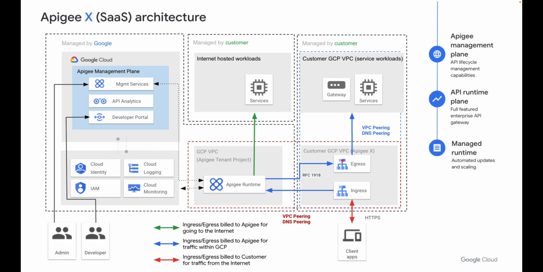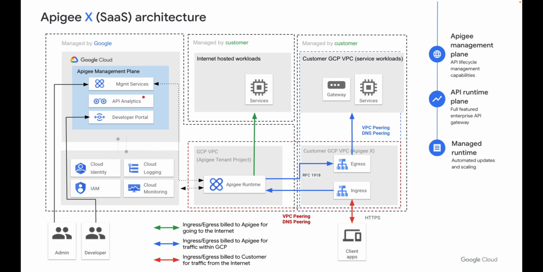Of course, this Apigee runtime is also able to communicate with the Apigee management plane, and on this management plane we can see that different APIs are enabled in order to propose different types of services, like management services. This is what we call the Apigee API, a set of APIs that you can use to interact with the Apigee X solution, but also API analytics and the developer portal, what we call the integrated developer portal.